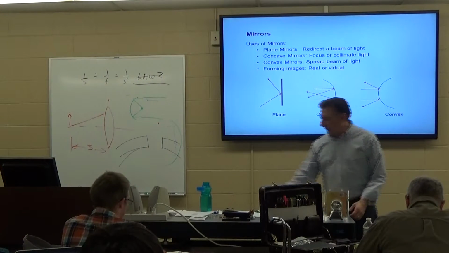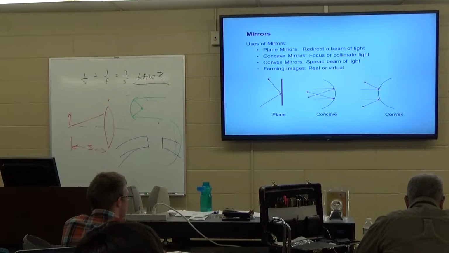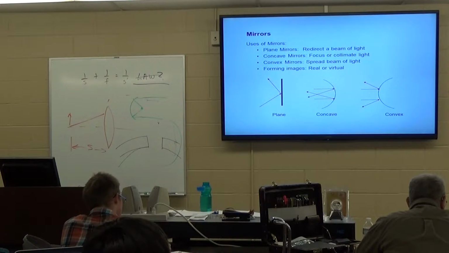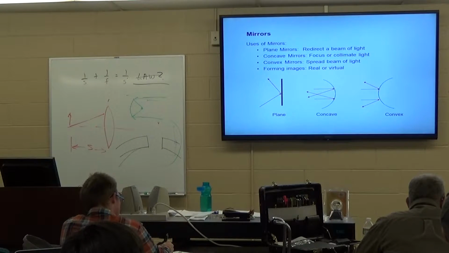So if you look at a reflective beam expander, what you would take is a concave mirror and a convex mirror. This is a convex mirror. This would be the concave mirror.